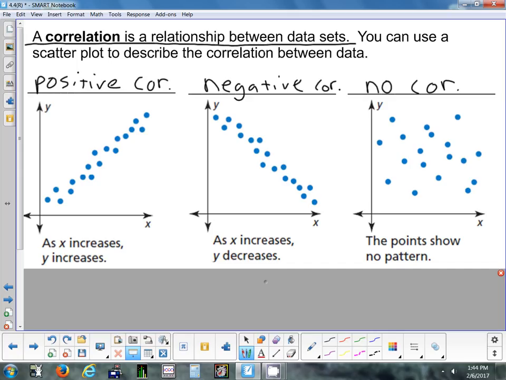Anybody think of a negative correlation? Okay, the smoothies, that was a positive correlation. Shannon's example of working and money, that was a positive correlation. How about a negative correlation? Where the more you do something, the other thing goes down, instead of the more you do something, the other thing goes up.